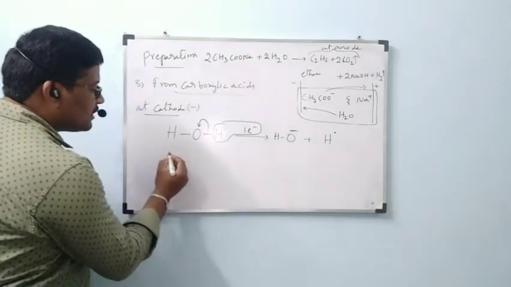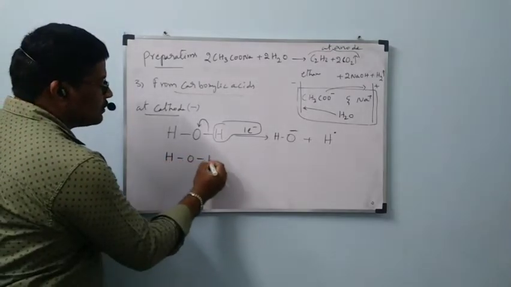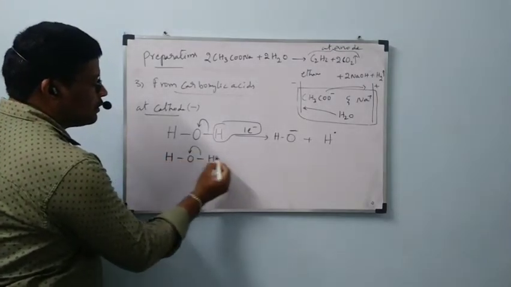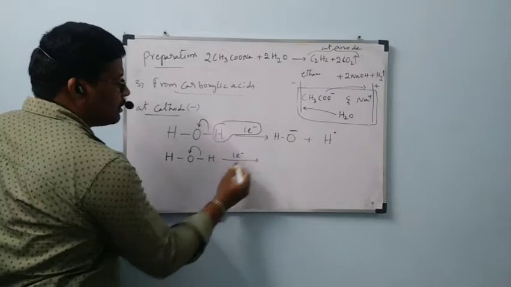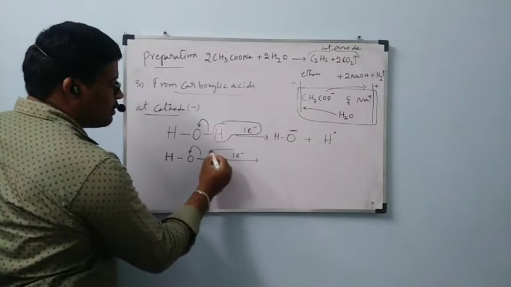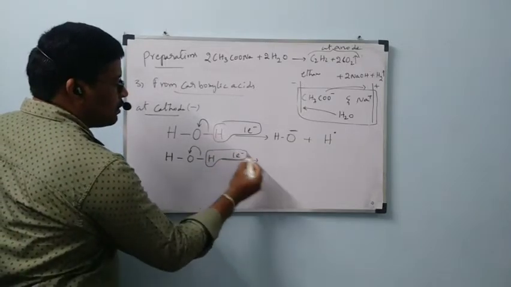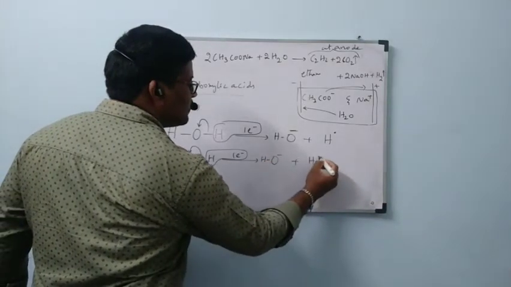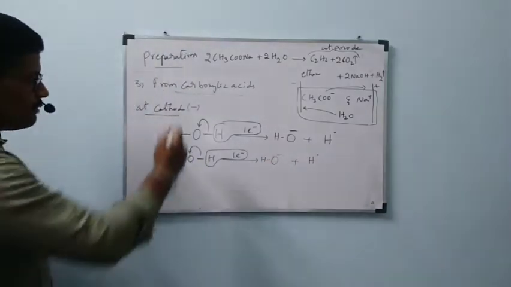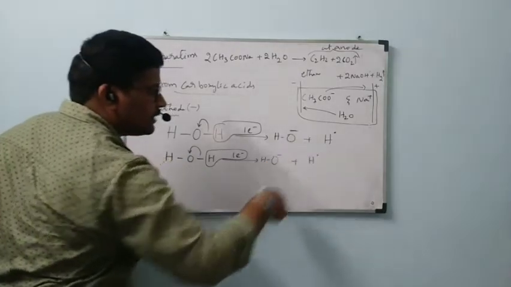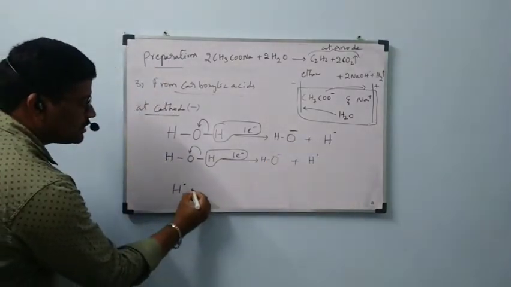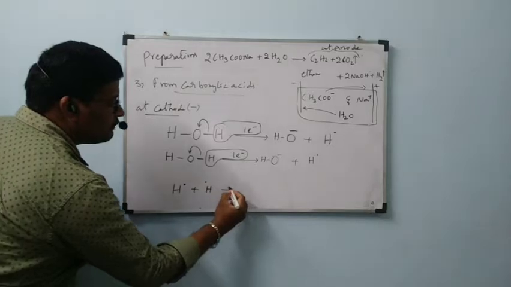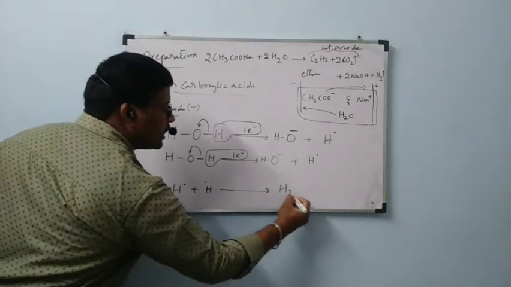Next, in the same way, another molecule of water will gain one electron to form OH minus plus H free radical. From this, we got two H free radicals. The H free radical and H free radical will combine to form H2 gas.